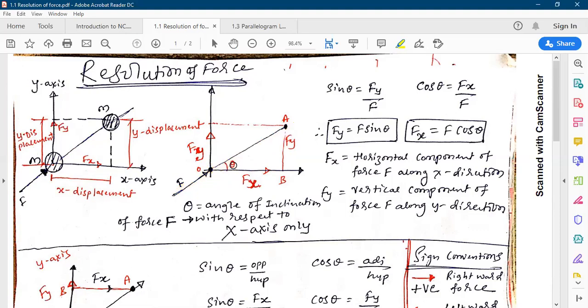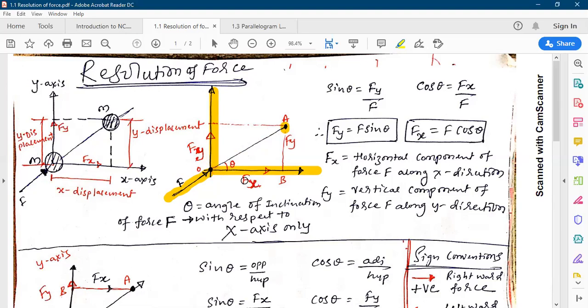Let us find the components of force along their mutually perpendicular directions. Let us consider rectangular coordinates. This is the x-axis and this is the y-axis, which are mutually perpendicular to each other. Now the force F is applied at point O, so the body is shifting from point O to point A.